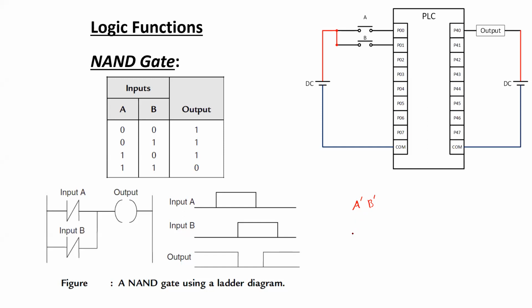So A prime is a normally closed contact. B prime is a normally closed contact as well. And they are having AND logic in this case.